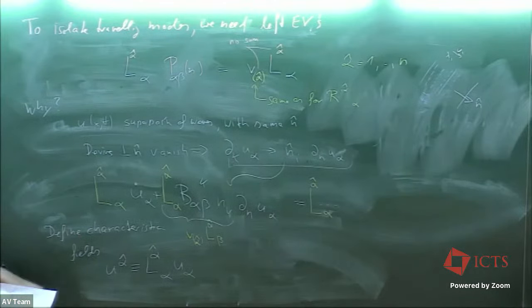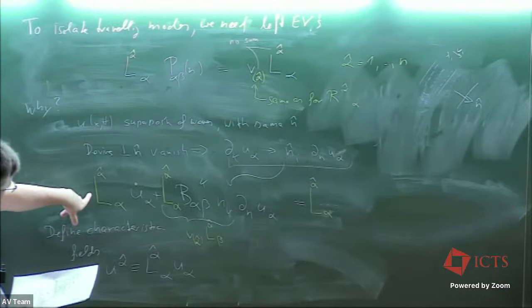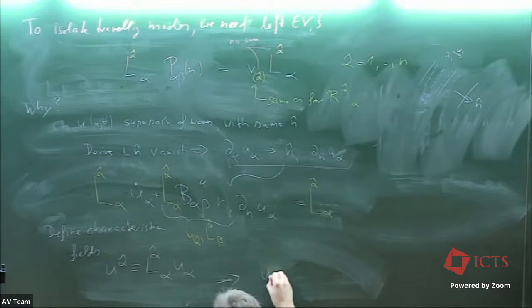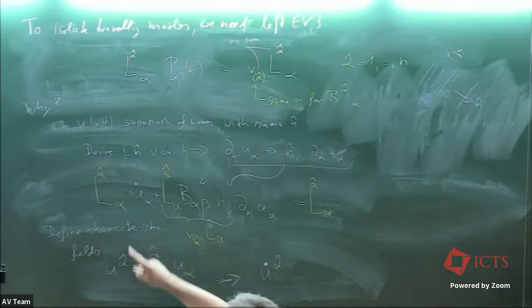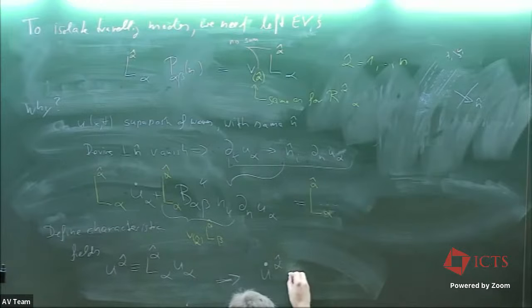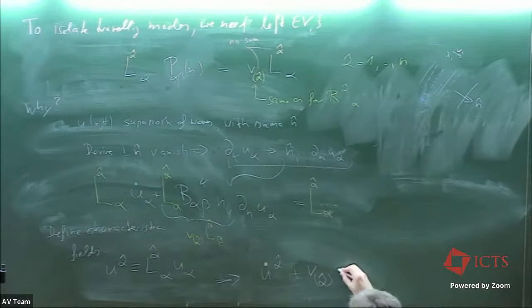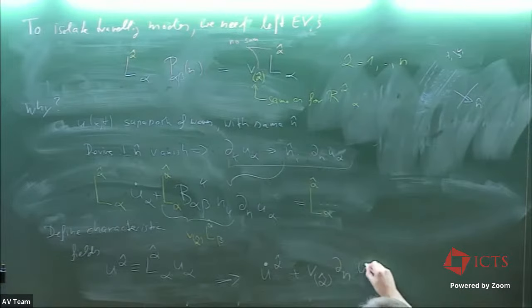So if we do this, the first term turns into u alpha hat dot, the time derivative of the characteristic field. The second term, the velocity is here, turns into a partial derivative of the characteristic field. And this is whatever right-hand side we have.